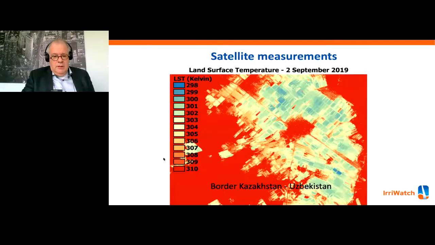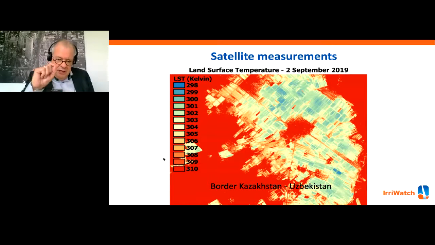So, seeing that remote sensing ET has potential and accuracy, I want to now show you how we can use that. This is an example of a land surface temperature map. It is at the border of Kazakhstan and Uzbekistan, and it shows the temperature in Kelvin. The blue pixels are at 25 degrees. They are all cold. But the red pixels are in the 35-degree range. So you can see enormous differences in temperature.